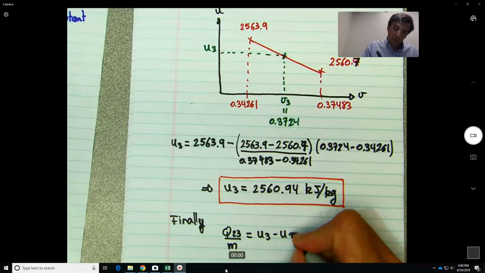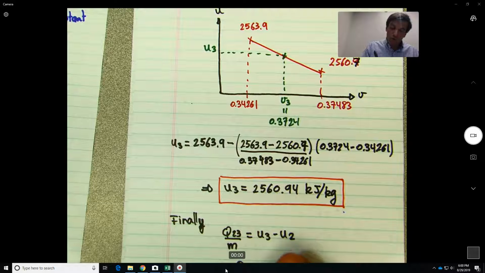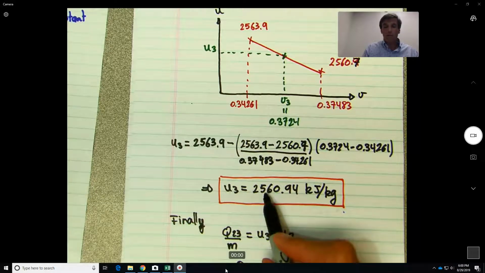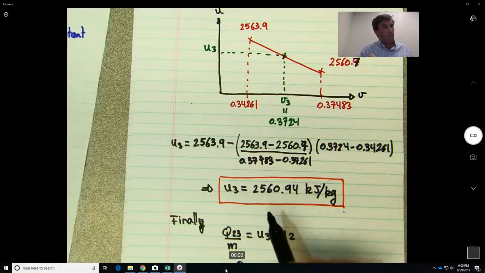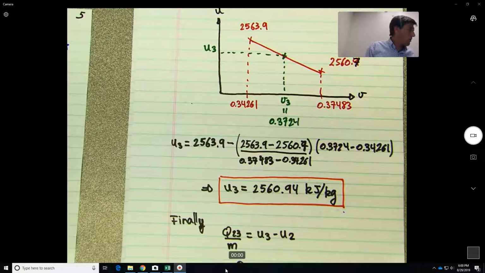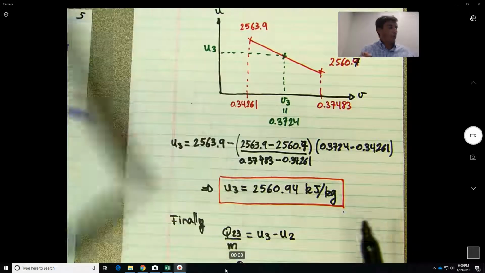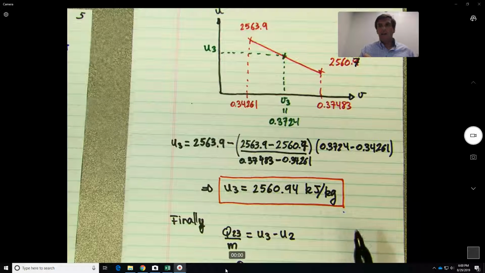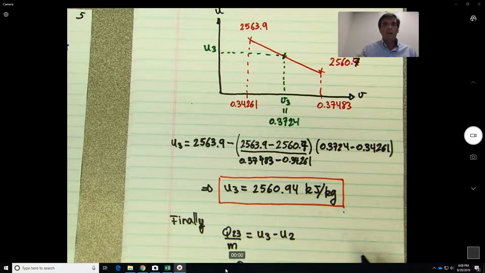So this gives us that Q23 over M is equal to 2560.94 minus the U2 value that we found before was equal to, let's see if I find it, 1124.88, and that gives us a value for Q23 of 1436.06 kilojoules per kilogram.